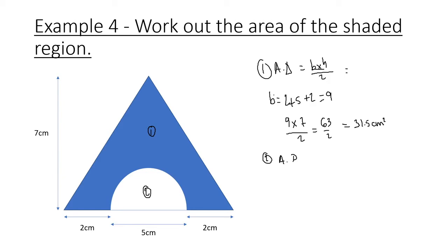Now we have to find the area of our semicircle. And the area of our semicircle is pi times radius squared divided by 2. And we are given the diameter. Because we're given the diameter, remember, we need the radius. So the radius is 5 divided by 2, because it's diameter divided by 2, which equals 2.5. So now we can input that into our formula. So it's pi times by 2.5 squared divided by 2.